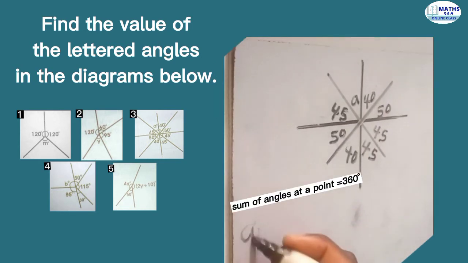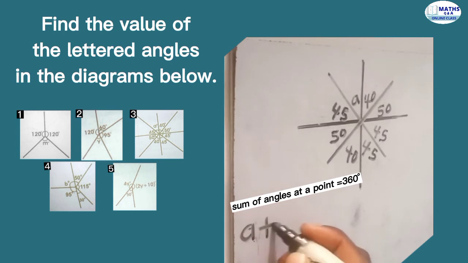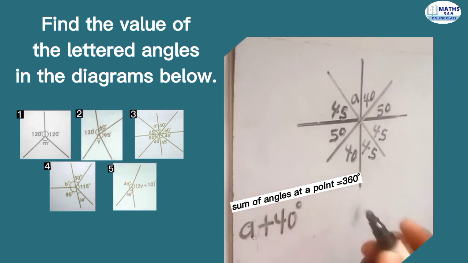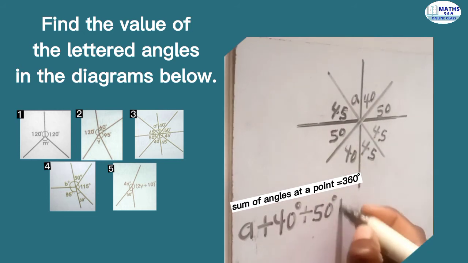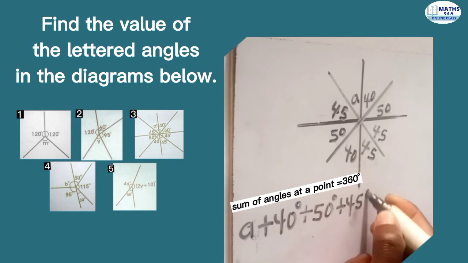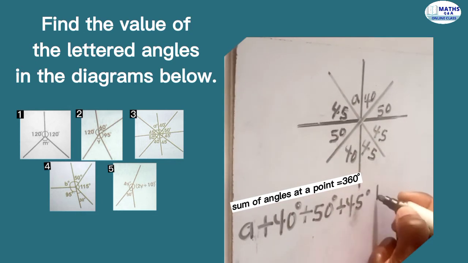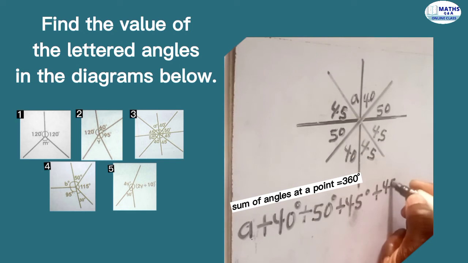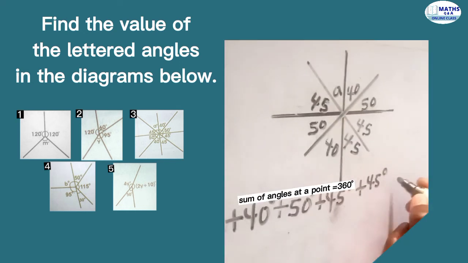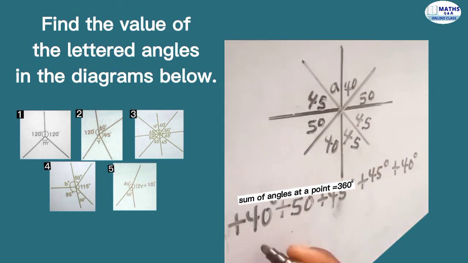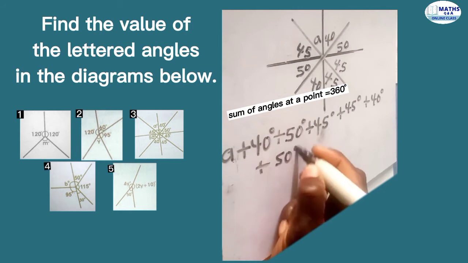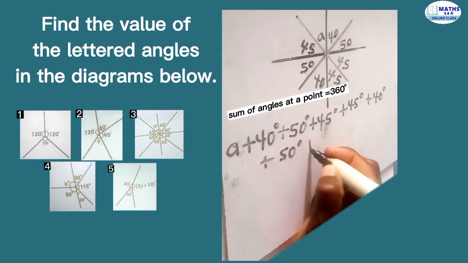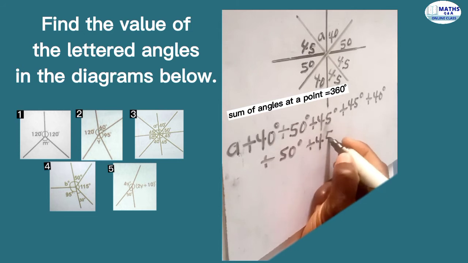So we have A plus 40 degrees plus 50 degrees, this one, plus 45 degrees, this one, plus another 45 degrees, plus 40 degrees, then plus 50 degrees, then plus another 45 degrees.